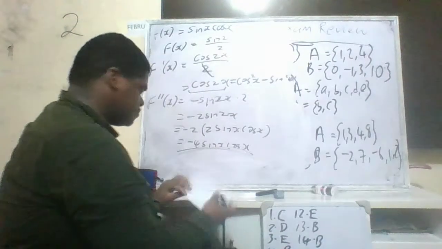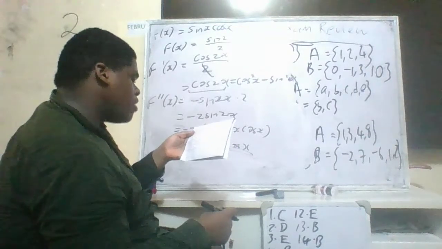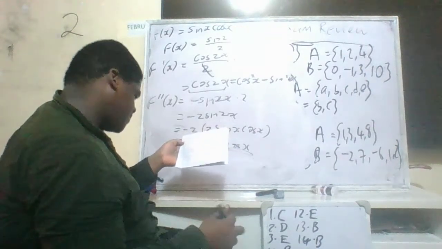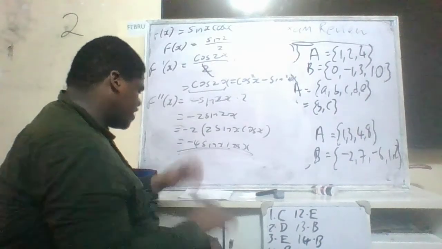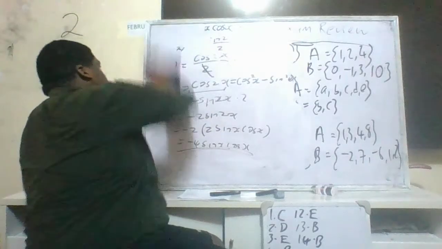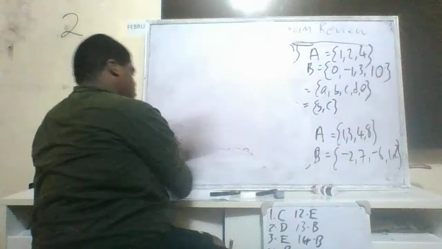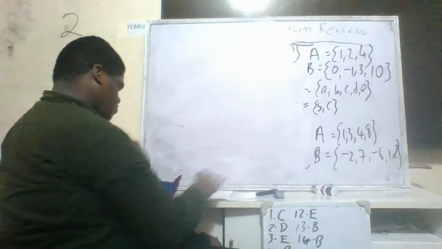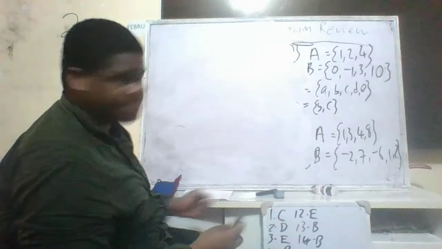Question 21 now. We should find the range of f of x is equal to the square root of x plus 2. Remember that square roots only give you the positive answer.